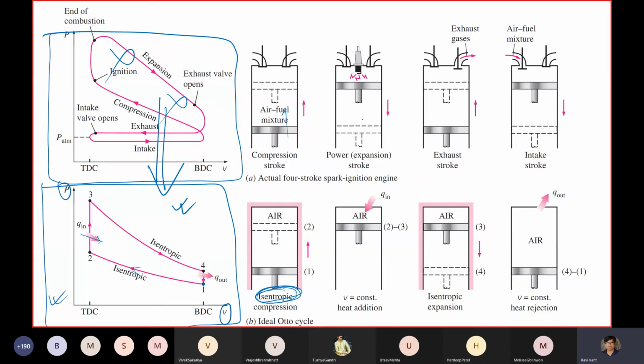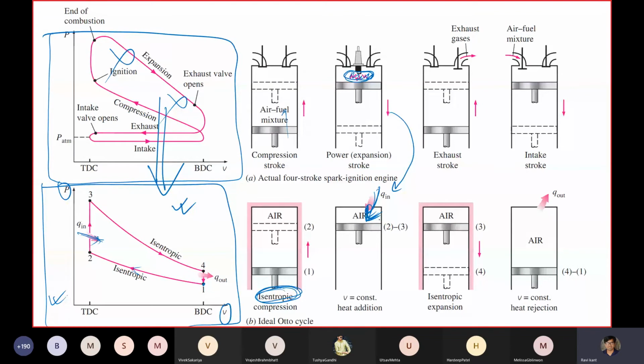Then we have a heat addition. We don't really think of things as combusting here. We just think approximately that some Q in is just added here, hypothetically. Isochorically means volume is kept constant.